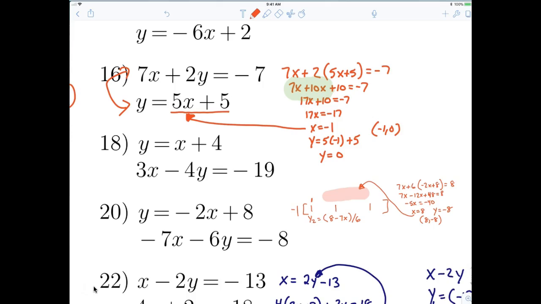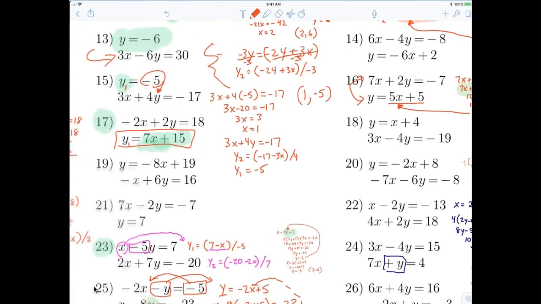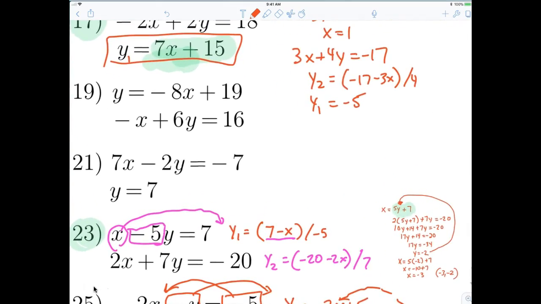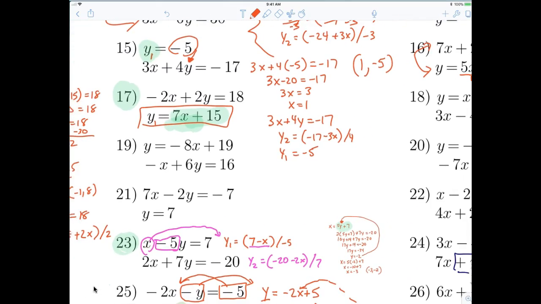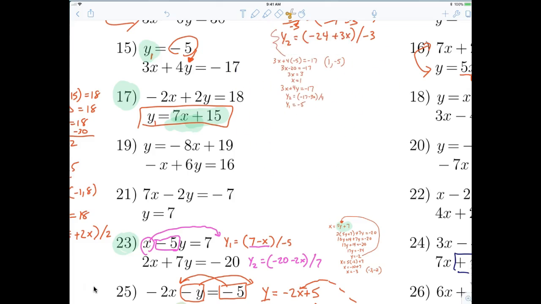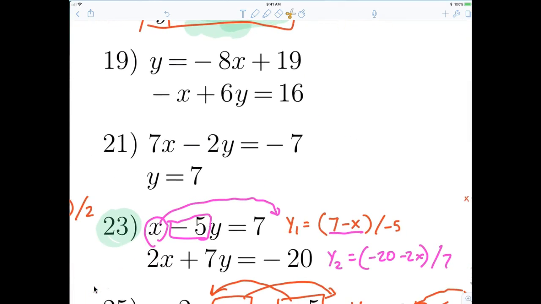So 19. All right, here we go. Good job. Let's take a look at 19 now. I'm just going to shrink this down out of my way. 19 is nice because it's already set up for me. So everybody in the back row, boys, you're trying number 19 right now.